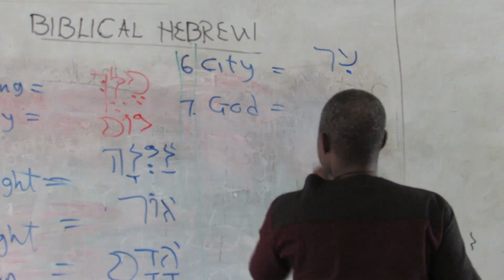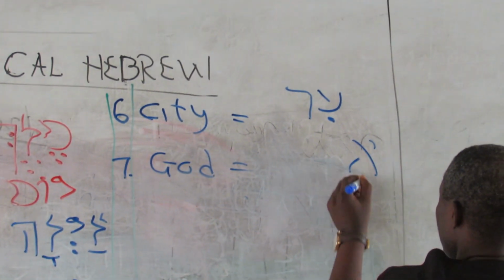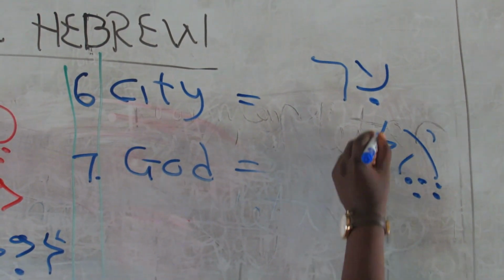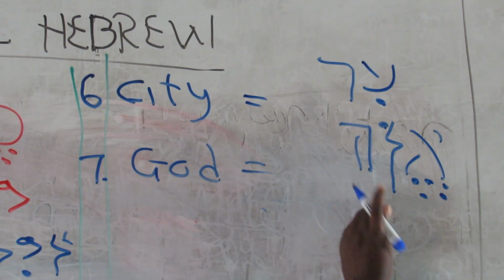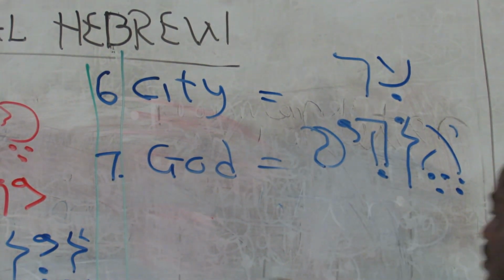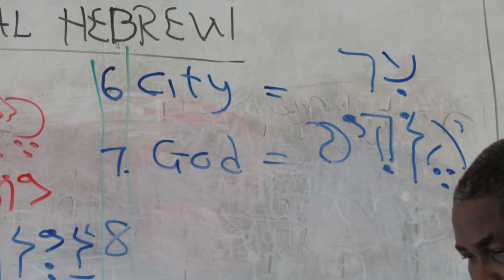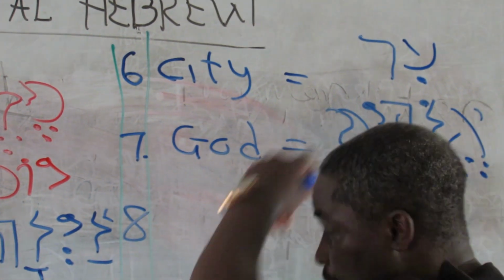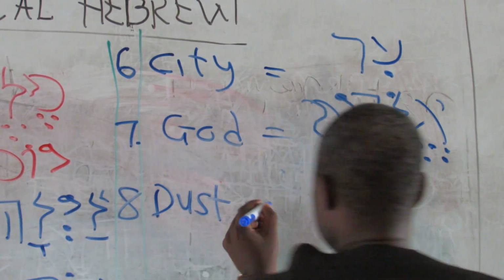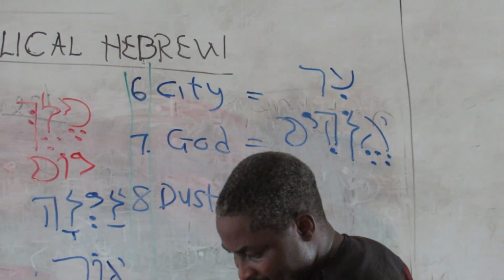God is Elohim. That's God. 8. Let me go. Dust. Dust is afar.